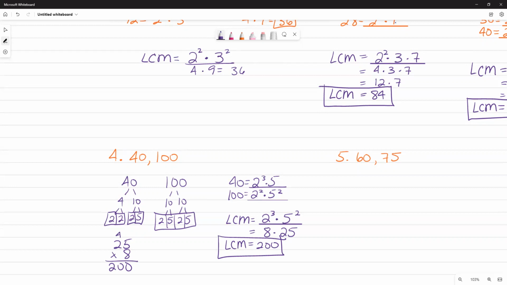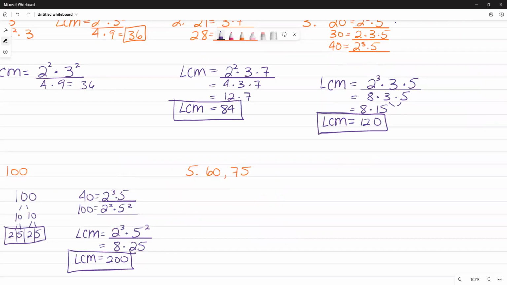Making sense? Okay, so we'll do it again. 60. Again, I like to break it down into 10, so that's 2 and 5. 6 breaks down into 2 and 3. So 60 equals 2 squared times 3 times 5.